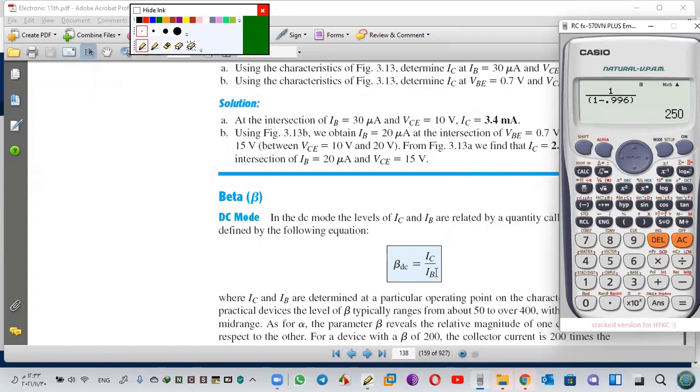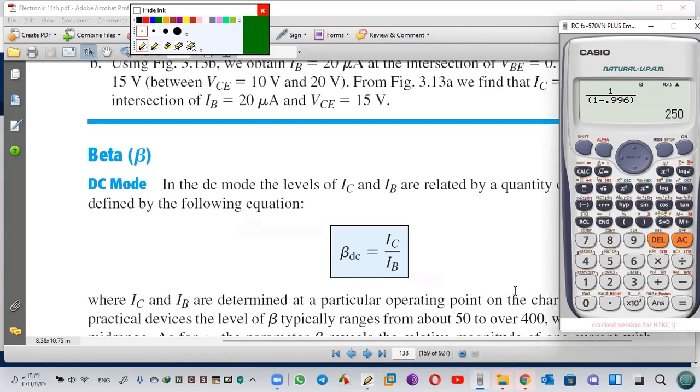And I told you IB is very small. Sometimes we can ignore it. But because we are using this IB as input, we have a big output. See, 10 to the minus 3 over 10 to the minus 6, so here we have 1000.